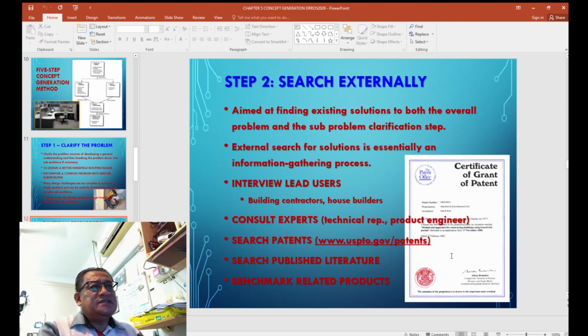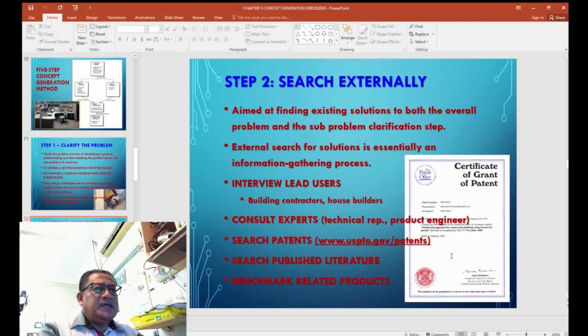As such, you could search externally, particularly at the patent office, to find the process or a similar product to deliver the same job. Or you could interview the lead user, for example, the building contractor or house builder who frequently uses a roofing nailer.